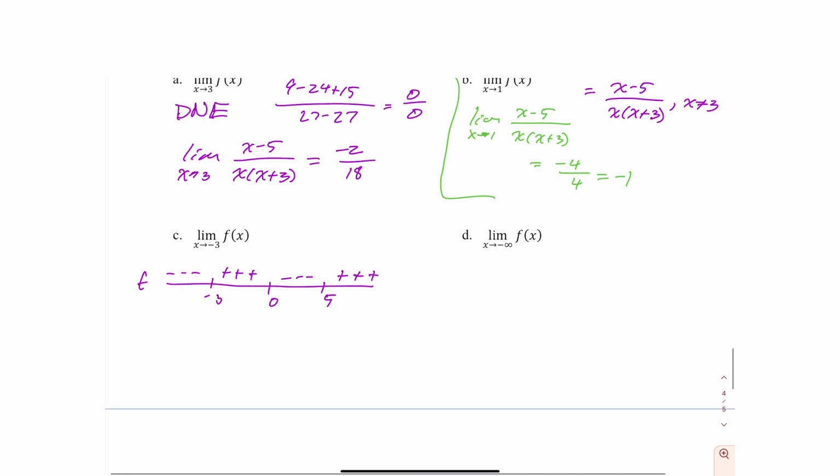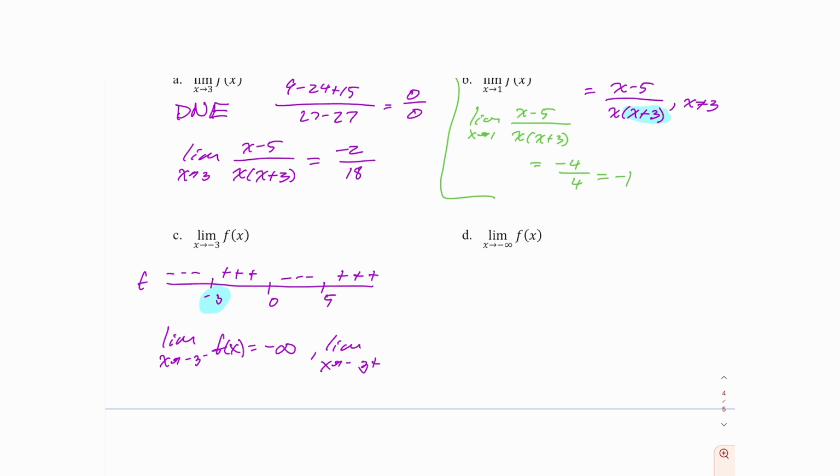But you can see now that there's a vertical asymptote right here, because it's a 0 in the denominator that does not cancel. So the limit as x approaches negative 3 from the left is negative infinity. The limit as x approaches negative 3 from the right is positive infinity, because we're dealing with a vertical asymptote. So either we get infinity or negative infinity.